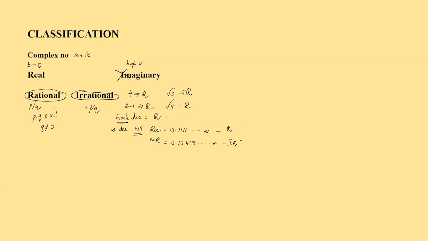Now, the major question that will pop up is how do you convert a non-terminating recurring decimal into a p by q format, or a rational format? Let us take a small example. X is equal to 3.111, as I have taken in the question.